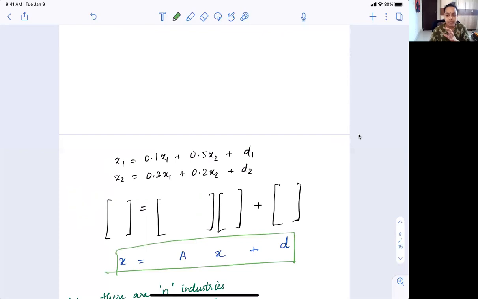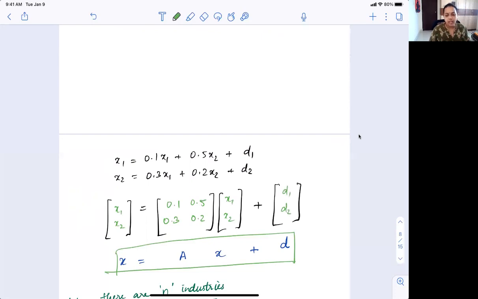X is equal to AX plus B. Yes, we can. X is just going to be this column vector, which denotes the total output that is produced. A now becomes the technology matrix, multiplied by the total output vector, and add a final demand vector.